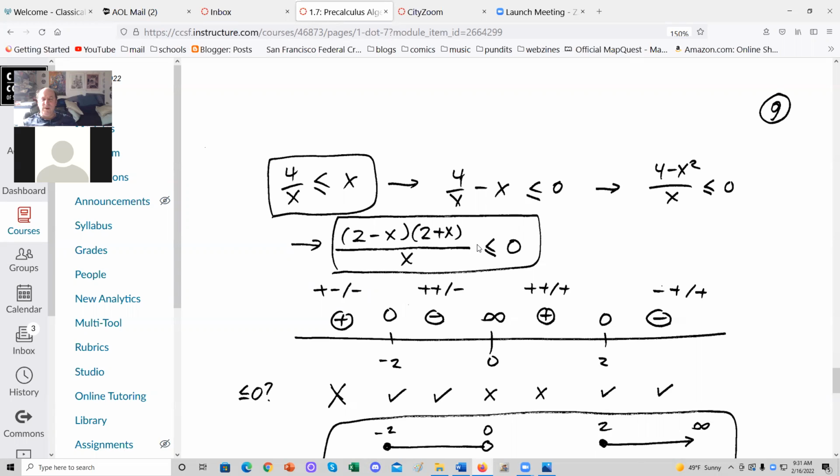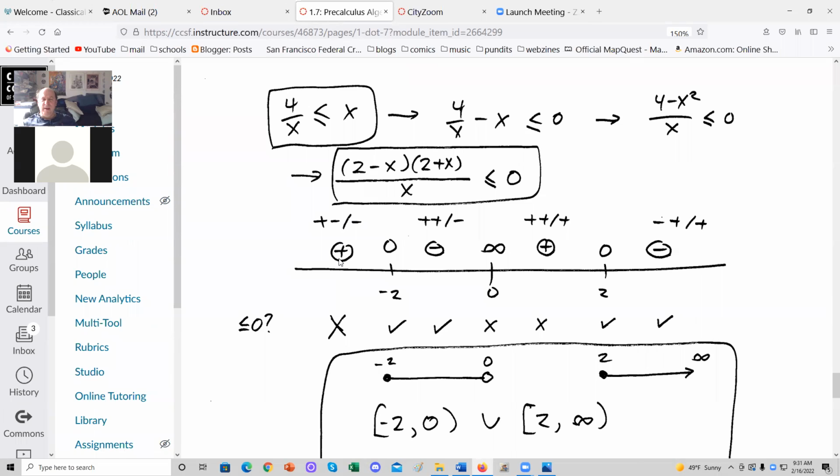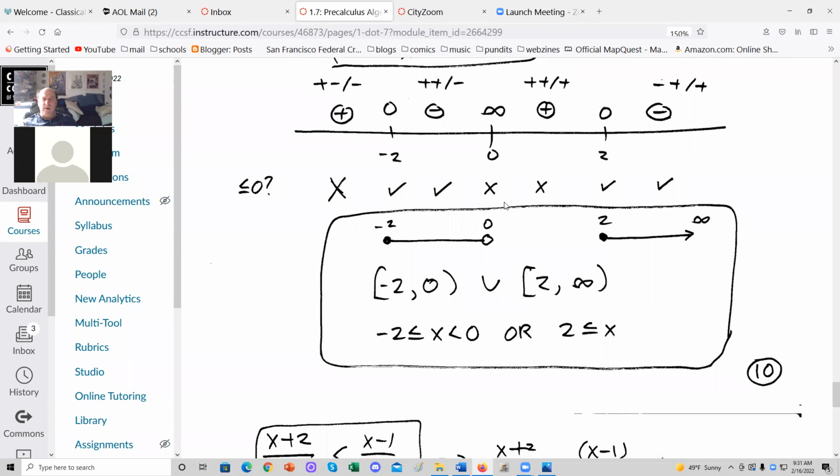When is it less than or equal to 0? Well, not here where it's positive. Yes, here where it's 0. Yes, here where it's negative. Not here where it's infinity. Not here where it's positive. Yes, here where it's 0, and yes, here where it's negative. So it will include −2 up to this interval, but not 0, so this half open interval.